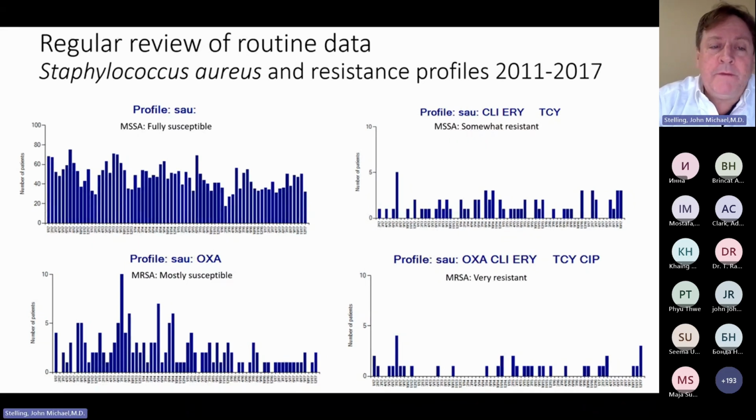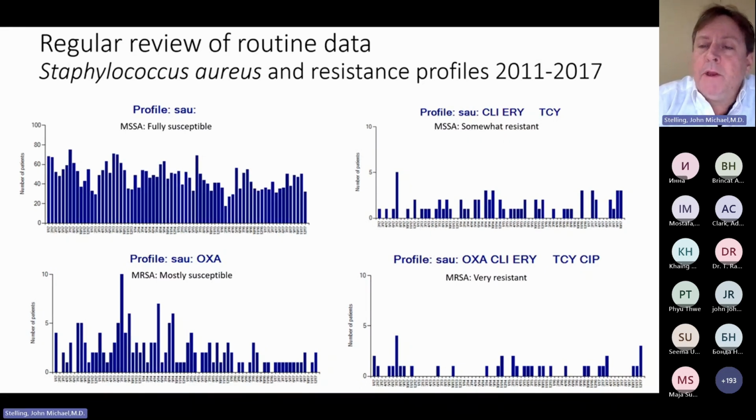In the top left, you see a graph of Staphylococcus aureus that are fully susceptible to all of the antibiotics that I requested. So these are examples of MSSA, methicillin susceptible Staphylococcus aureus. And you see that it does vary over time. It goes up, it goes down. Over time, the general trend is for MSSA of this type to decrease.